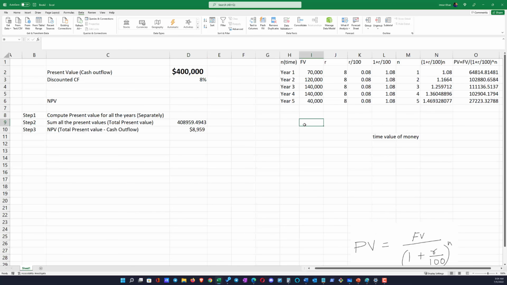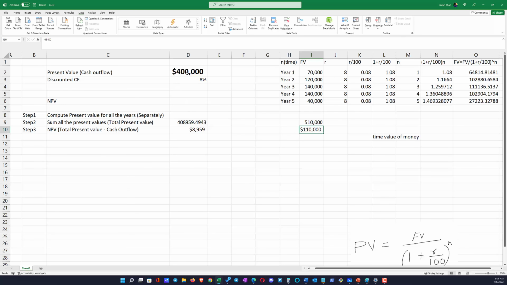If I sum these numbers up, it's going to be 510,000, so I might get $110,000, right? Some people might think this is the actual profit. No, this is not the actual profit.